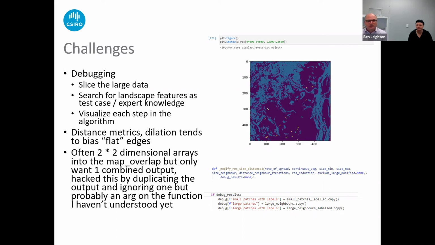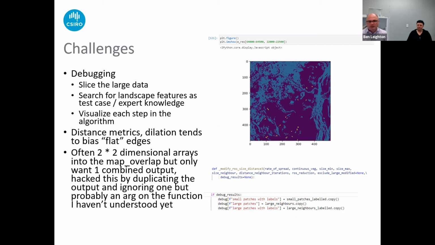So some of the other challenges with the distance metrics, I think you can see that there are some artifacts there. We did have some issues as well, possibly because this is the first time that I've really used map overlap. We had some issues with passing data structures into and out of map overlap.